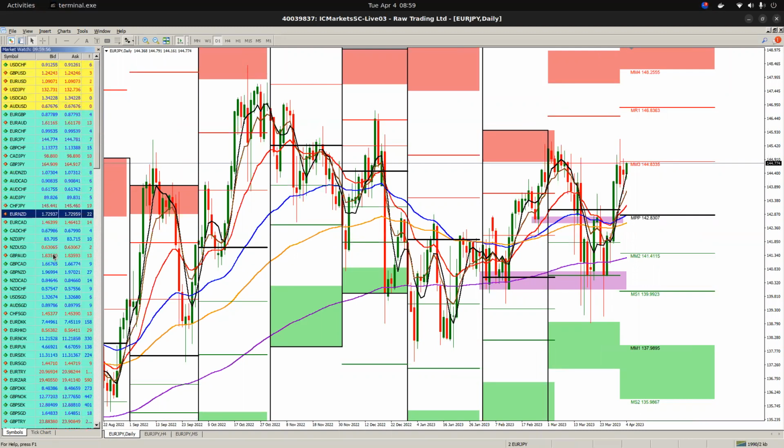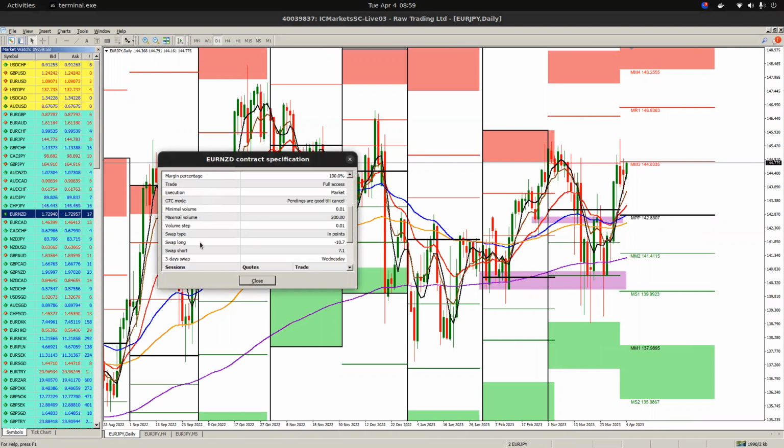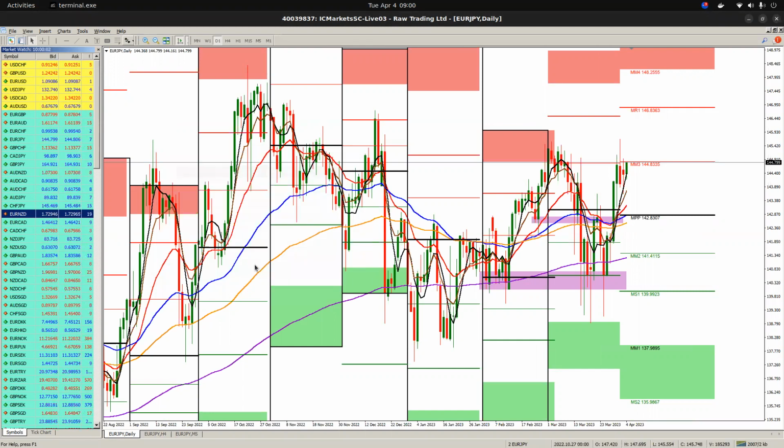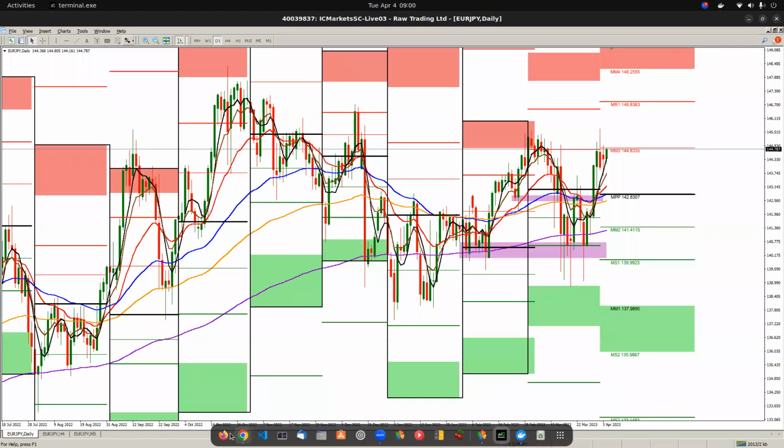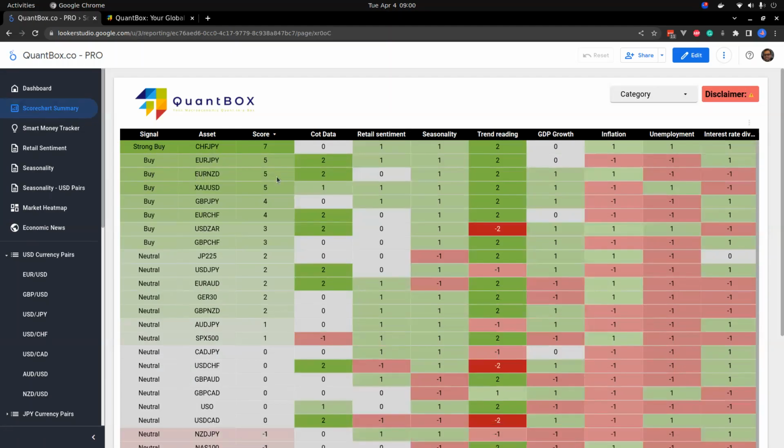You can see here the specification. Swap long, you're losing money. Swap short, you're making money. However, this is currently bullish from a fundamental perspective, but not in a great position to do so. The only thing I'm pointing out here is that unemployment is the only thing that's currently bearish on the data points. Everything else is bullish, except for position.